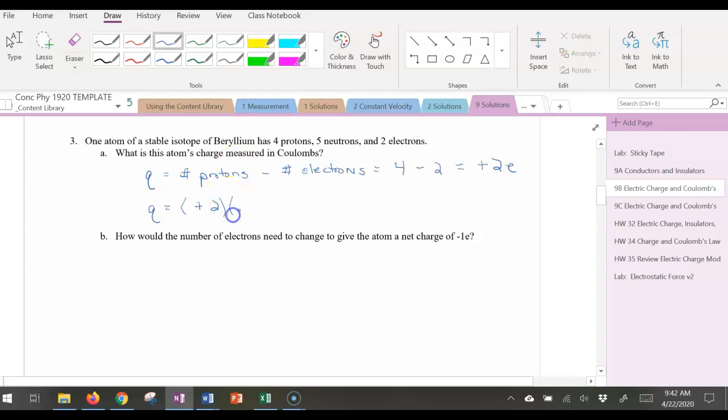So it's 2 times 1.602 times 10 to the negative 19th. That's the elementary charge, that lowercase e. And so this must be a positive 3.204 times 10 to the negative 19th coulombs.